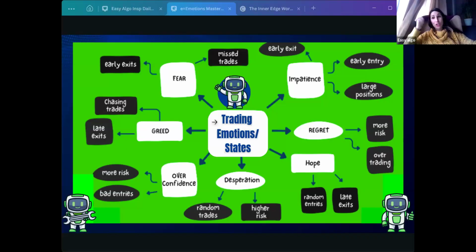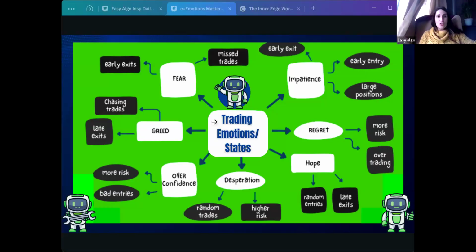The state has the story narrative to it. It has the posture, it has the breathing, it's got all these other little components to it. So we also want to start to differentiate what's a core raw emotion that's coming up and what's a state of being. Okay, so fear is a core emotion, right? Impatience is a state of being.